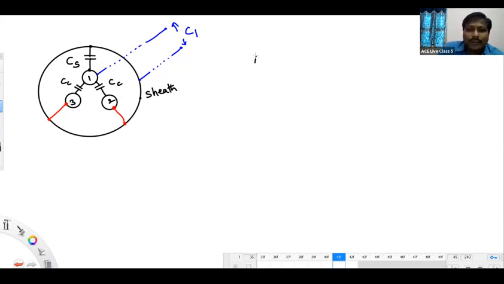This is core 1 point. Core 2 is different from 1. Core 3 is the same as 2, because 2 and 3 are joined together. Sheath is also the same as 2 and 3. So 2, 3 and sheath, all three will be the same point.